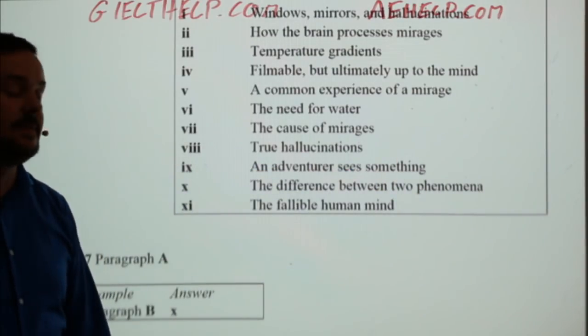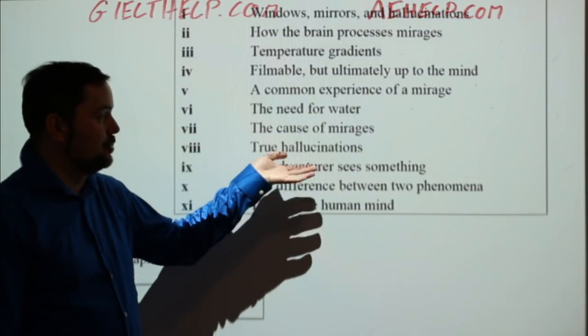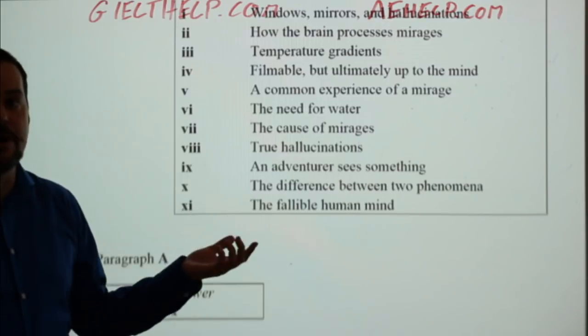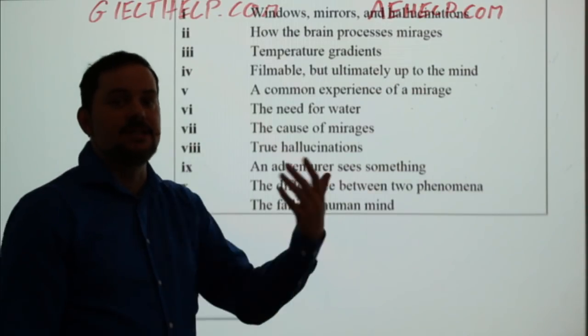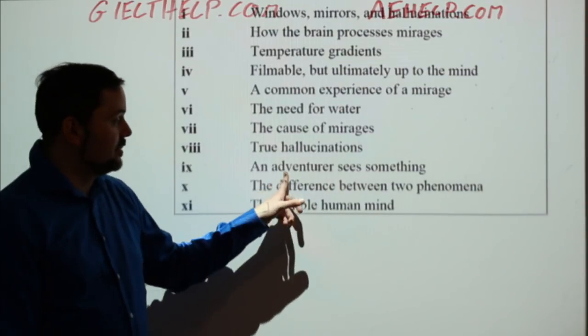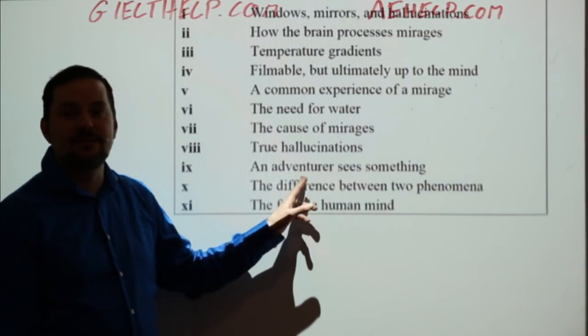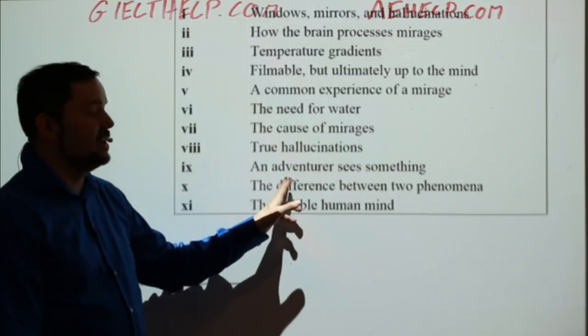I would say that that is the closest one. We're talking about a man who's seeing water that's not there. So he's seeing something. It's not water because it keeps moving away, but he sees something. And it's about a man, okay? The topic of that paragraph is the man that's walking around in the desert. So it has to be the adventurer.